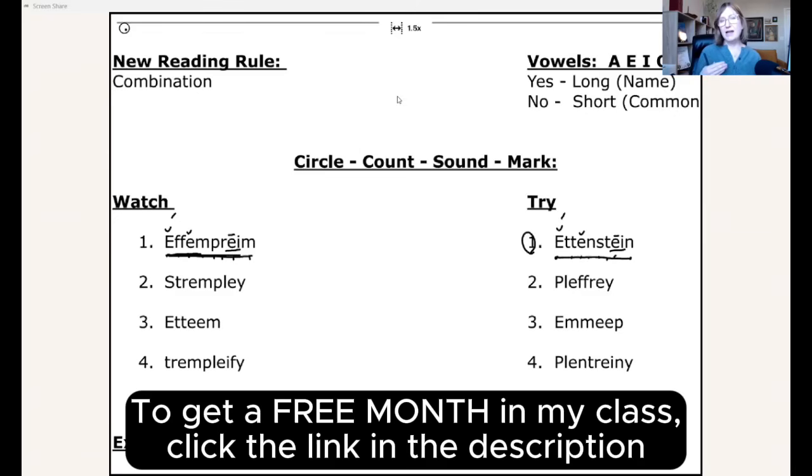Did you notice that I accented the first syllable? Etenstein, Etenstein. Accent means just said with a little bit more emphasis, a little bit more intention at that first part of the word. Etenstein. How'd you do on Etenstein?